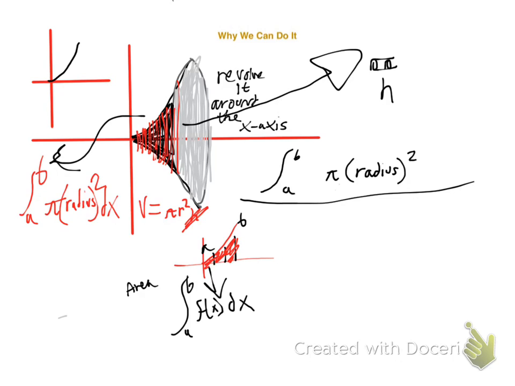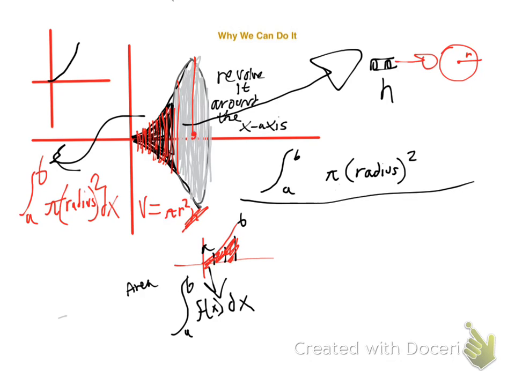And then the radius is, well, you have a circle there, right? So the radius is just the radius of your circle, the base of the cylinder. In this case, the radius would just be this.